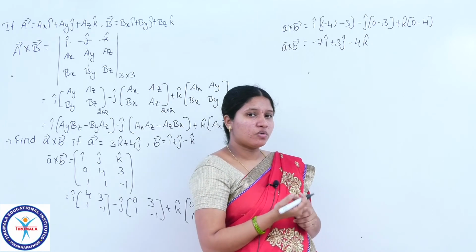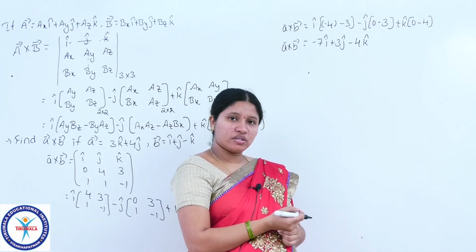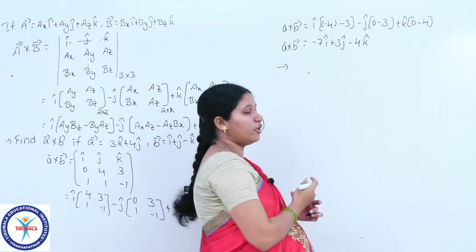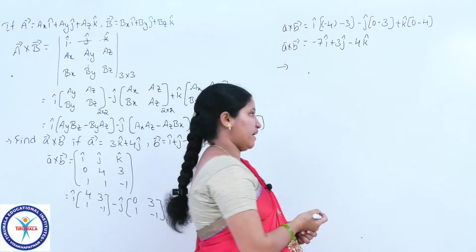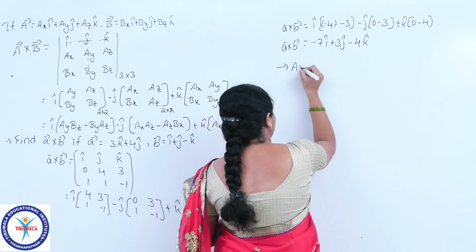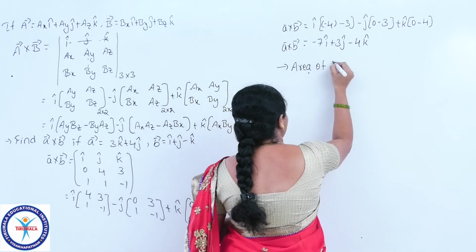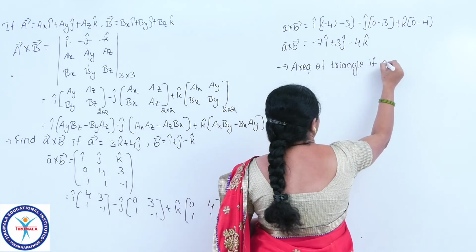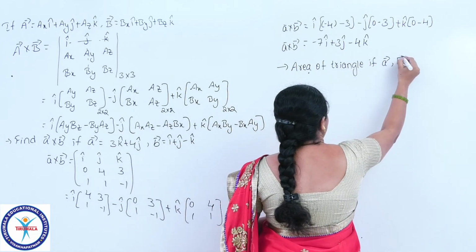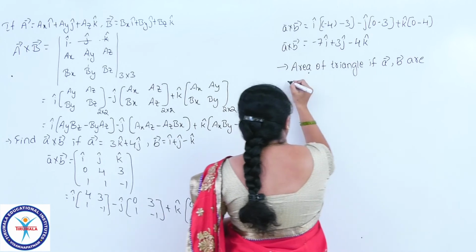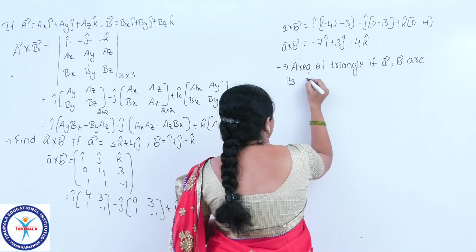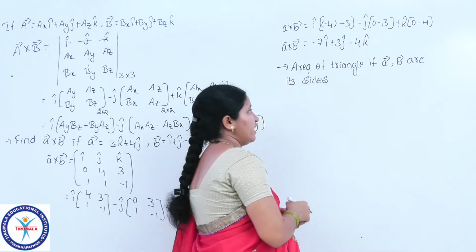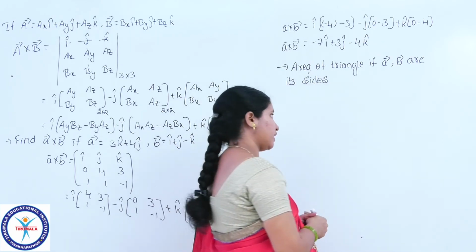So, in this way we have to solve for a bar cross b bar, and we can find out the area of a triangle using the cross product. Area of a triangle, if a bar and b bar are its sides. So, let us find the area of the triangle.